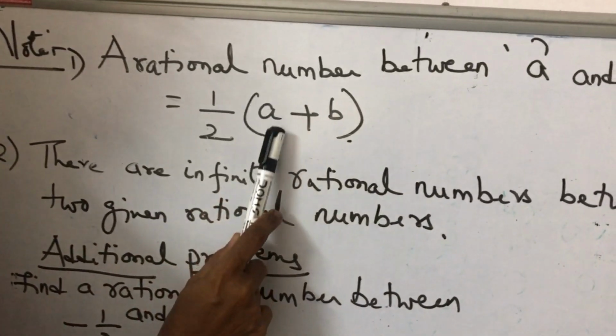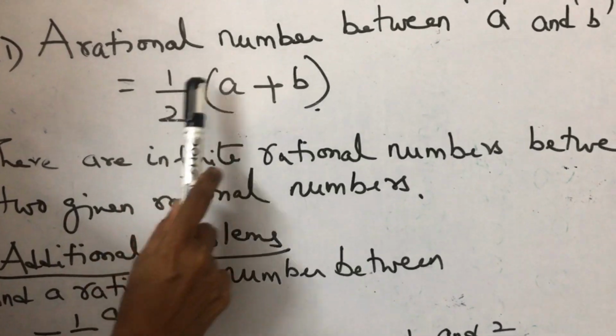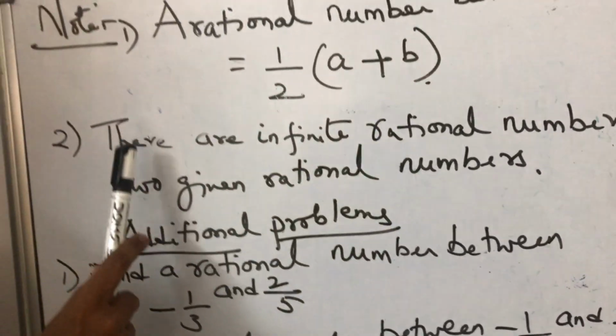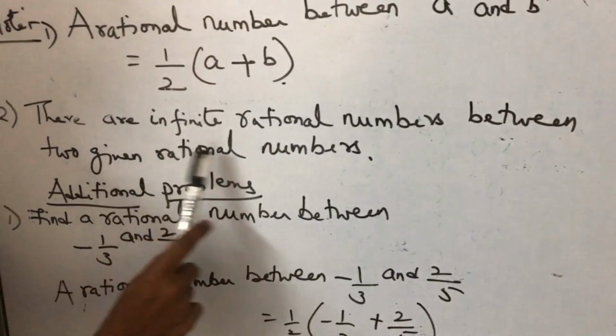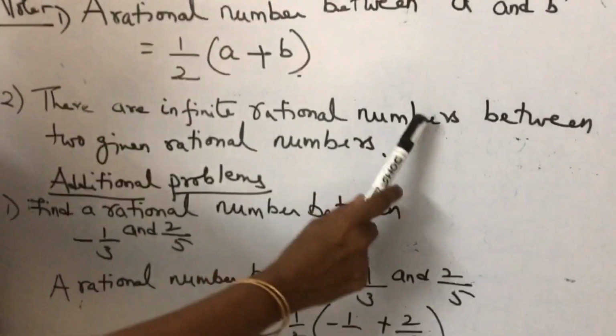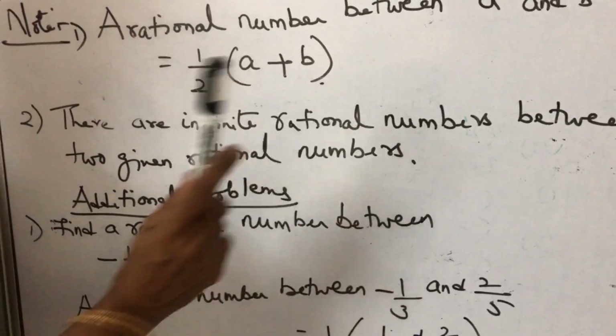Half into sum of rational numbers. So we say half into A plus B. The second point: there are infinite rational numbers between two given rational numbers.